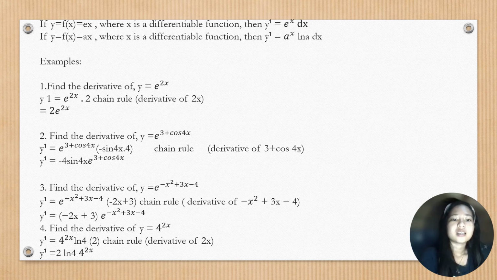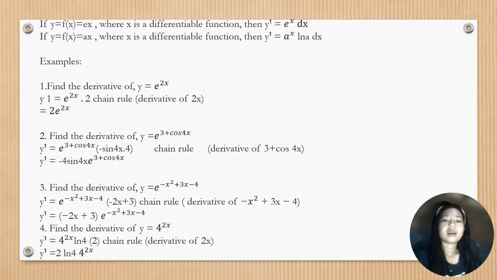So next, find the derivative of y is equal to e raised to the power of negative x squared plus 2x minus 4. Same process again.